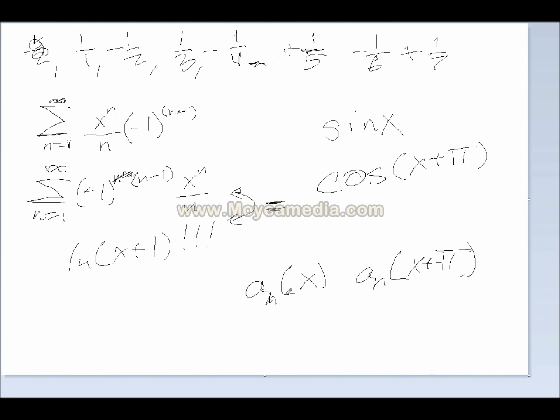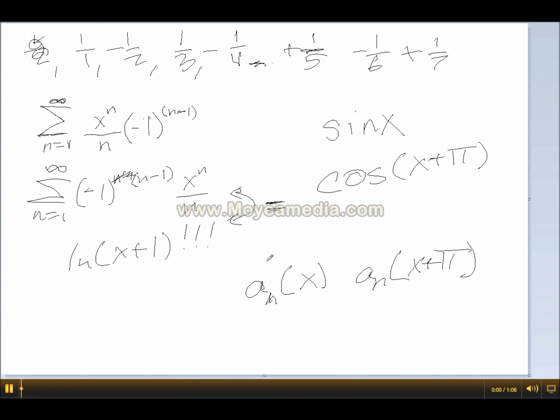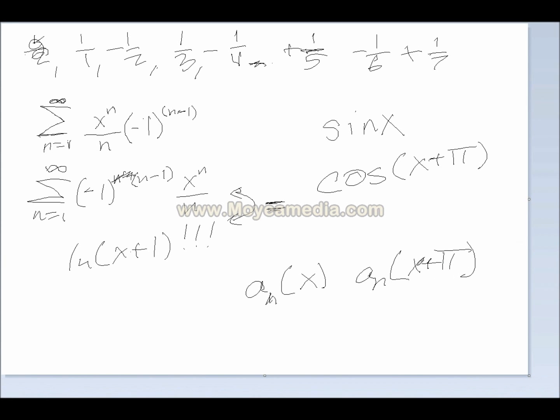Isn't that cool? And all you need to do is plug in negative pi instead of 0. Because then this whole expression is still going to equate to 0 and all of your terms will cancel out.